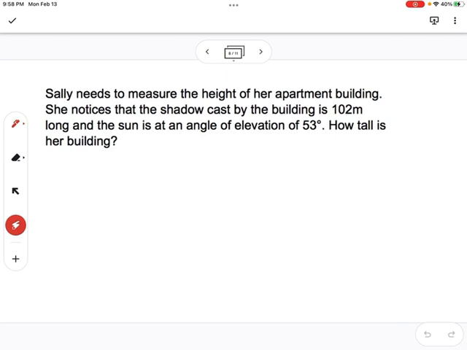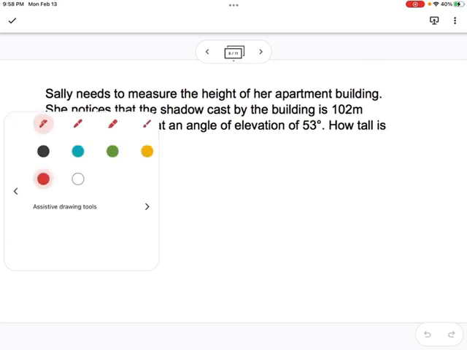Sally needs to measure the height of her apartment building. She notices that a shadow cast by the building is 102 meters long, and the sun is at an angle of elevation of 53 degrees. How tall is her building? Okay, so there's different things that we have here.